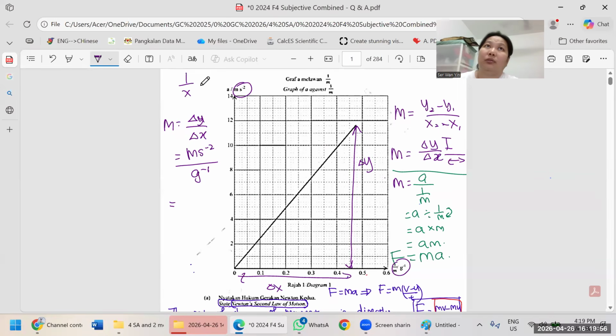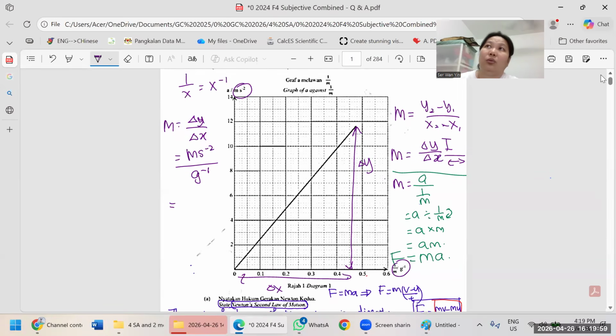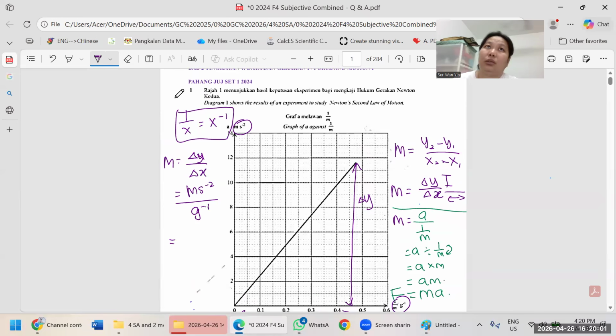You need to use your indices knowledge: 1 over x to the power of negative 1 becomes x to the power of 1. So you will get gram meter per second per second. It should actually be kg, but this is mass times acceleration, so it is force. If you change gram to kg, it will become Newton.